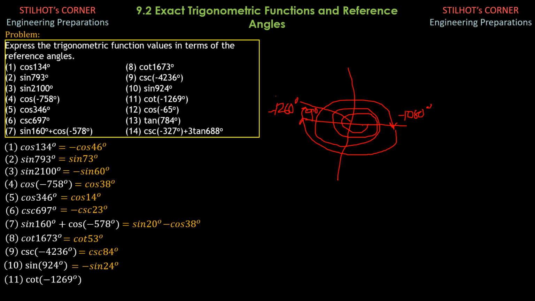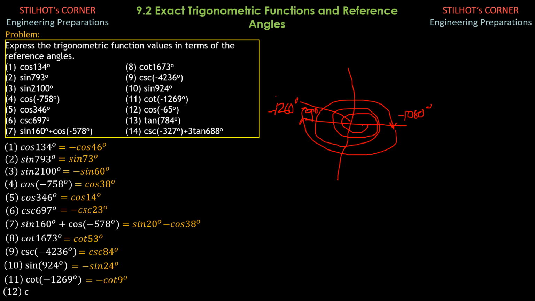The terminal side of negative 1269 falls in the second quadrant, and in the second quadrant, cotangent, which is x over y, is negative because x is negative, y is positive. So therefore this is negative cotangent of 9 degrees.